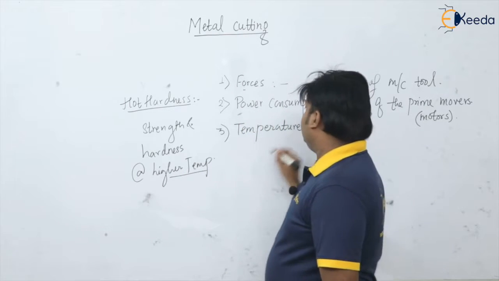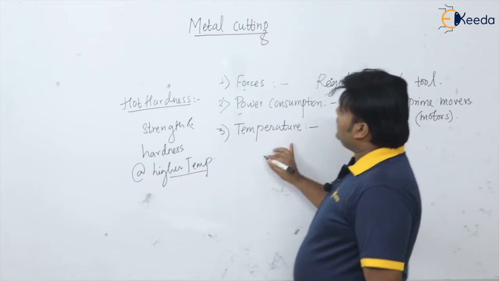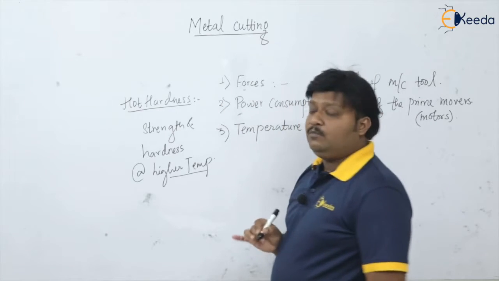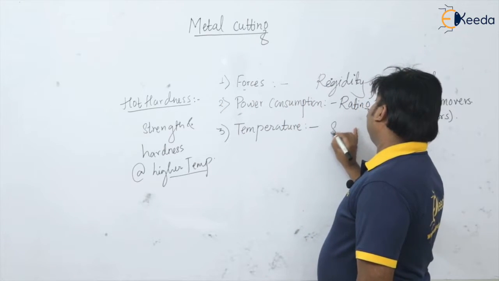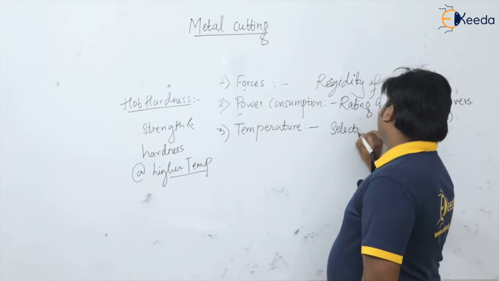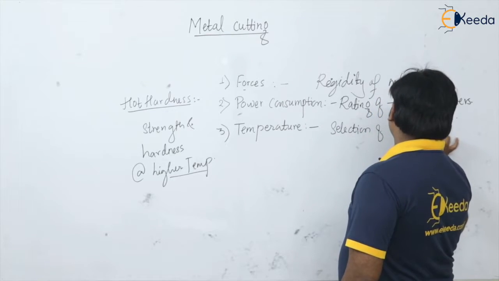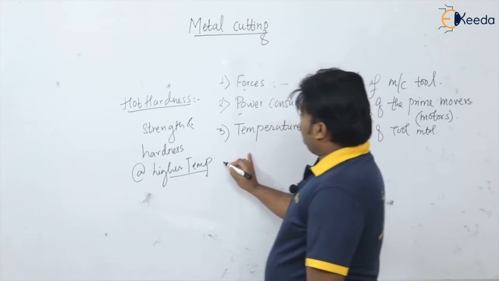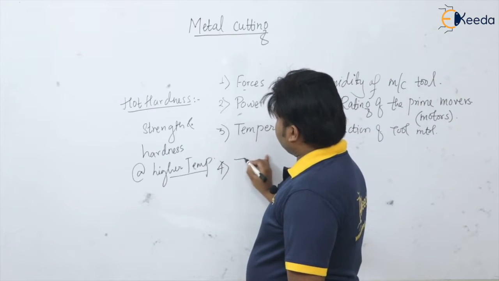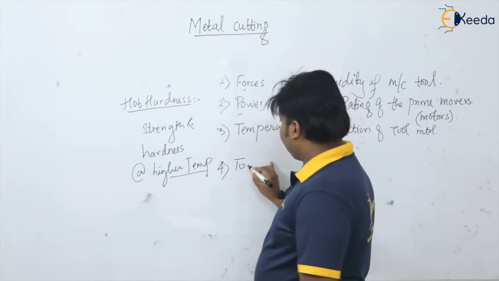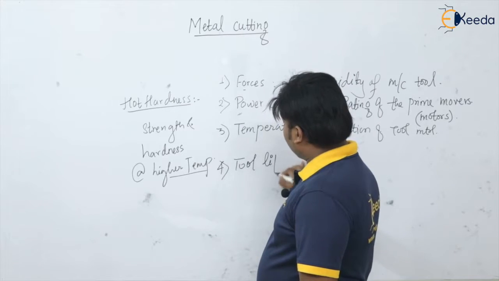So from the temperature you can understand the hot hardness of the tool material, and based on that you can select the tool material. And the fourth thing that I am going to discuss is the tool life.